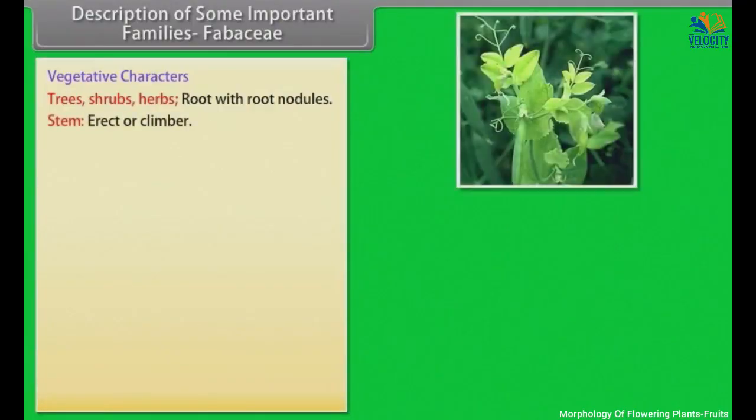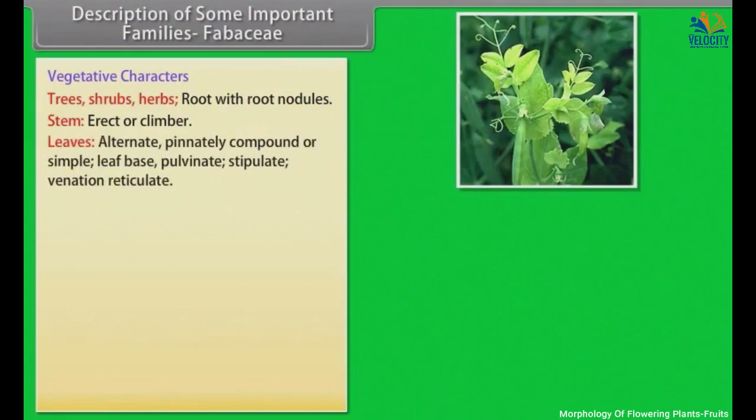Vegetative characters. Trees, shrubs, herbs, root with root nodules, stem erect or climber, leaves alternate, pinnately compound or simple, leaf base pulvinate, stipulate, venation reticulate. Floral characters. Inflorescence racemose.